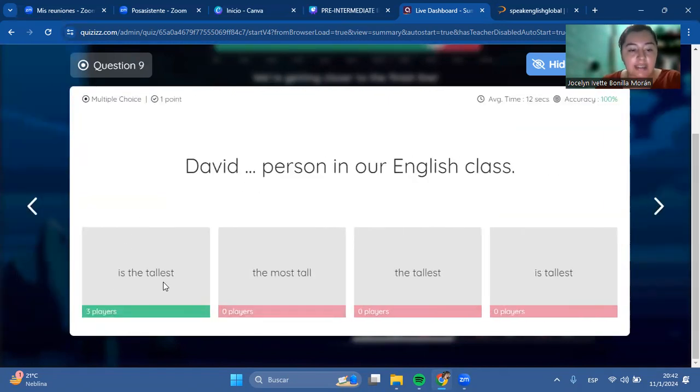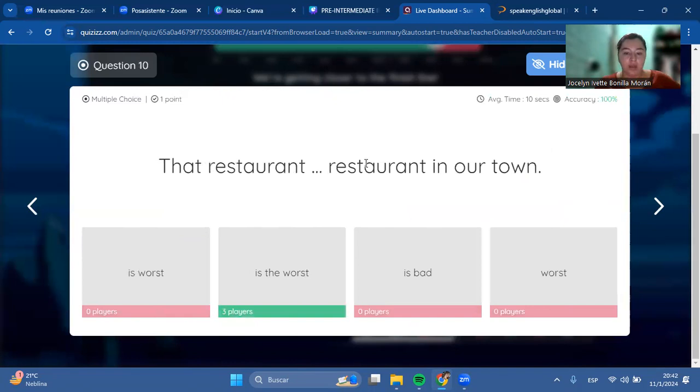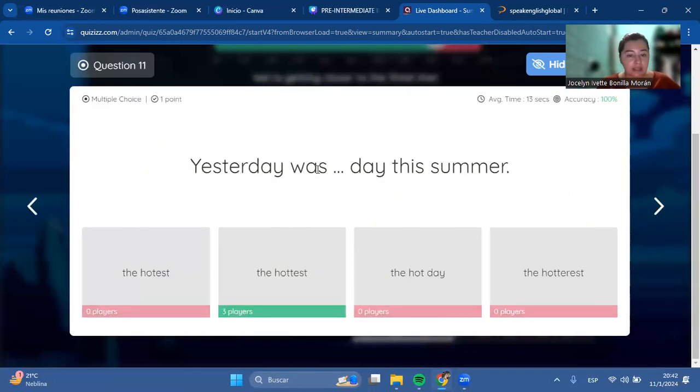David is the tallest person in our English class. That means that David is the tallest one in the entire class. Okay, that restaurant is the worst restaurant in our town. Good job. Yesterday was the hottest day this summer. Okay, the temperature maybe was high.